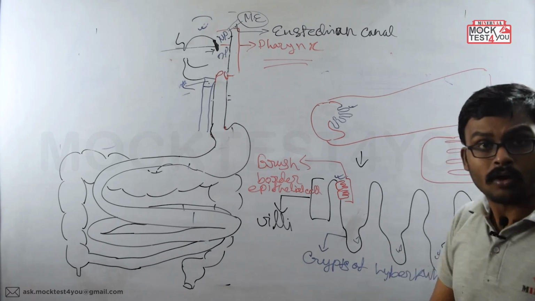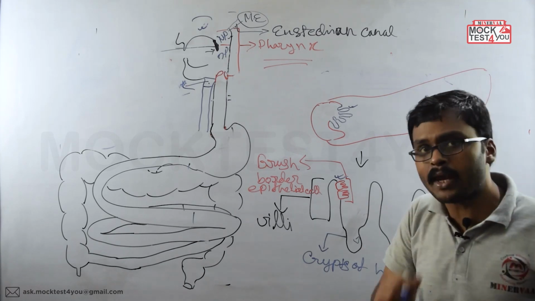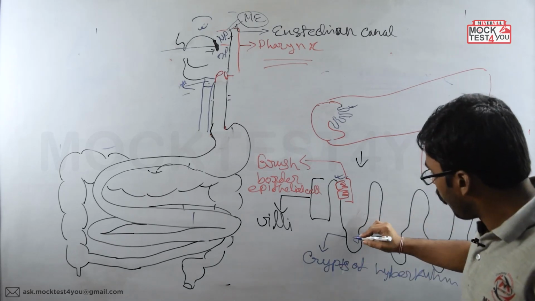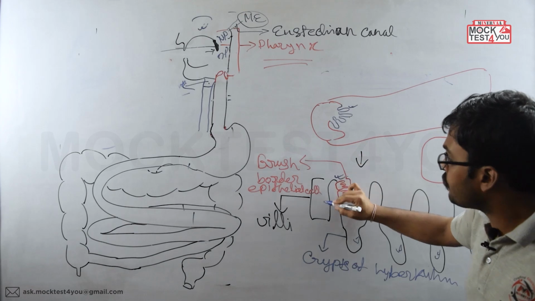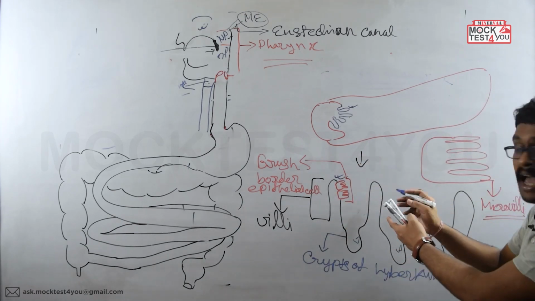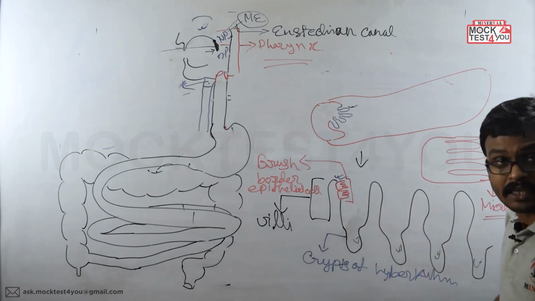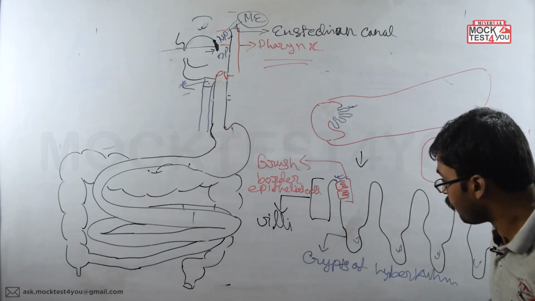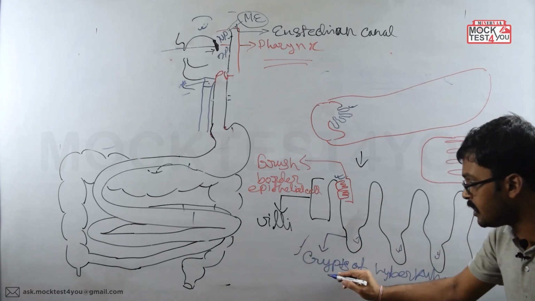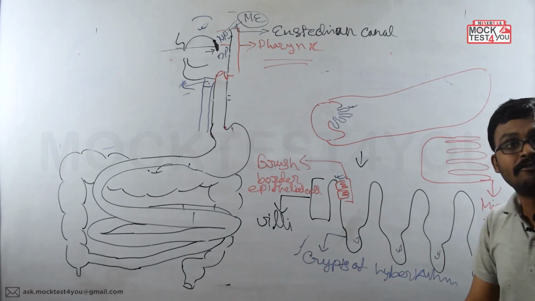Now in the crypts of Lieberkühn, what are we getting? We are getting the stem cells, which form the cells of all these villi. This villi has a lot of brush border cells, and many other types of cells present on the villi. Where are these cells coming from? These cells are coming from the stem cells which are present inside the crypts of Lieberkühn.